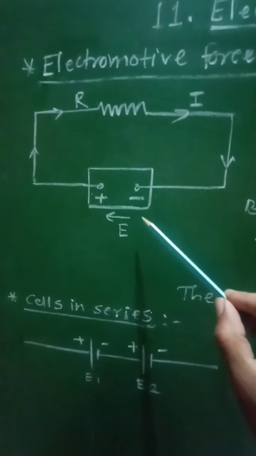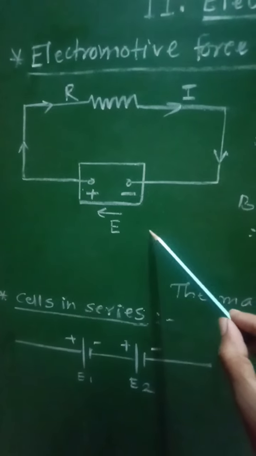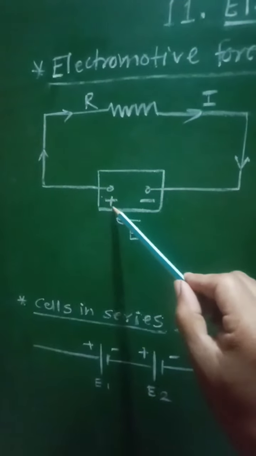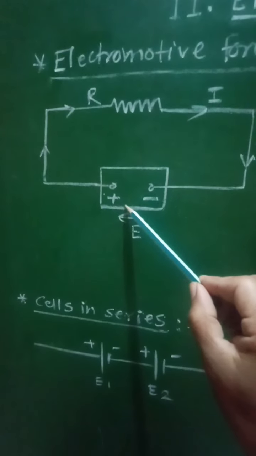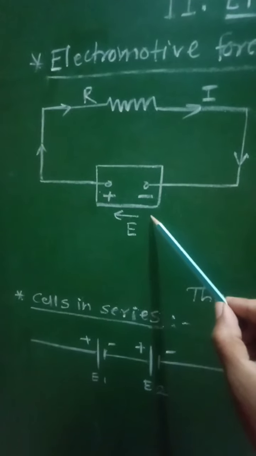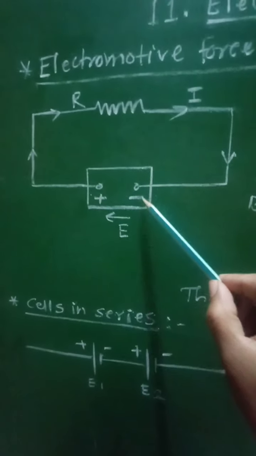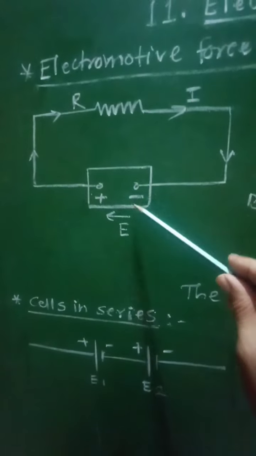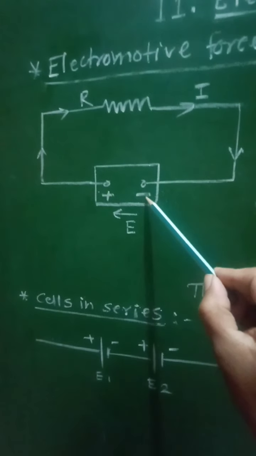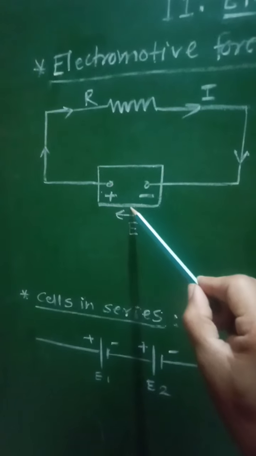The positive charge carriers move from the region of lower potential energy to the region of higher potential energy, which is considered as the cathode of this device. So inside this device, the positive electric charges move from negative terminal to positive terminal.